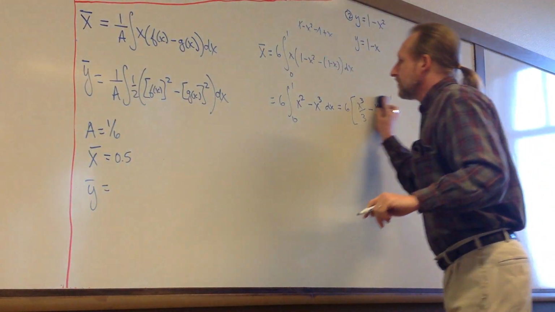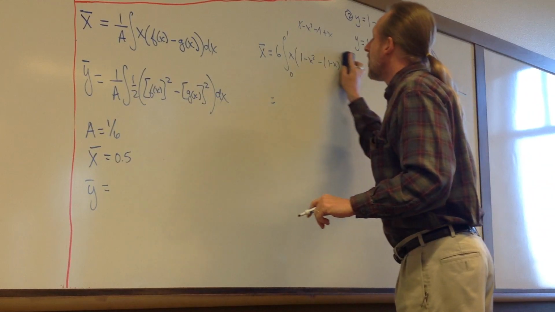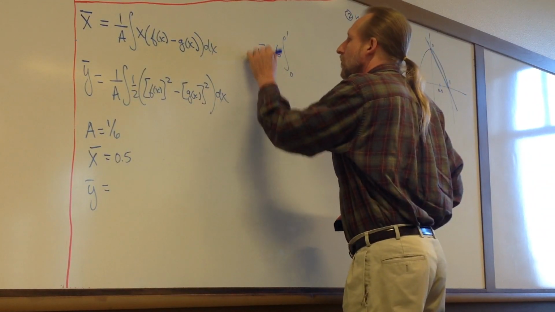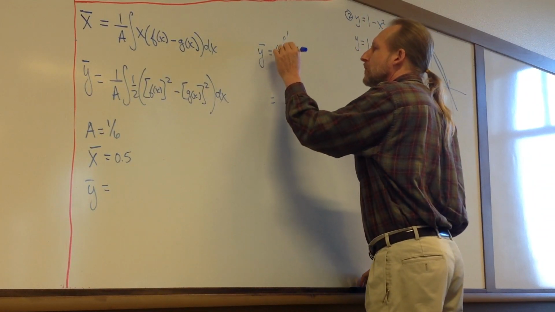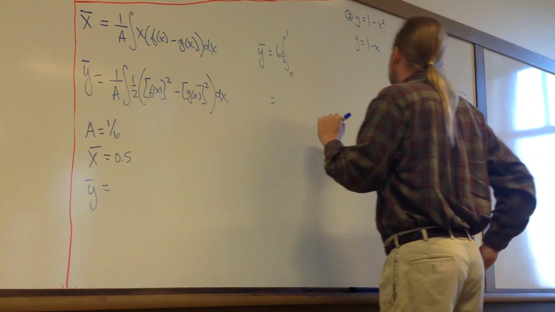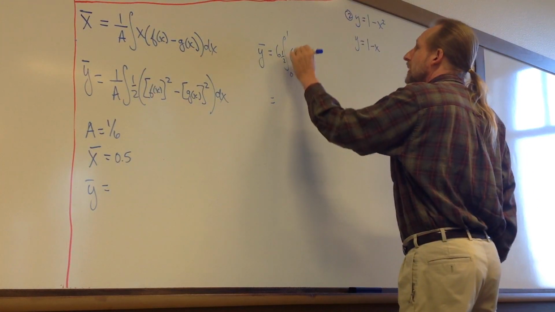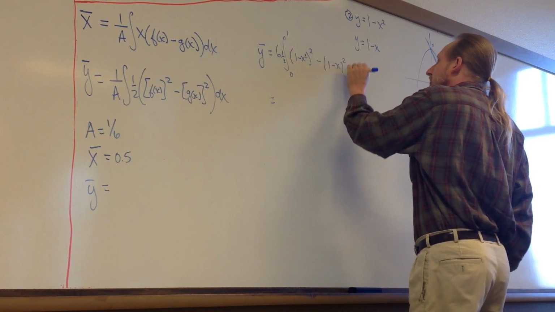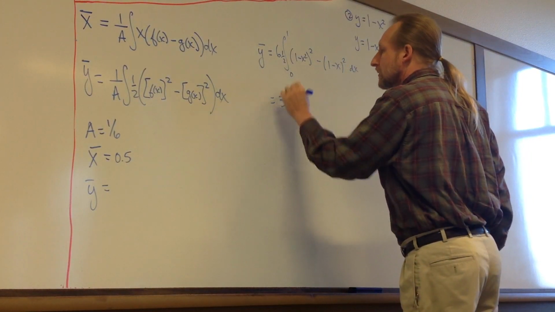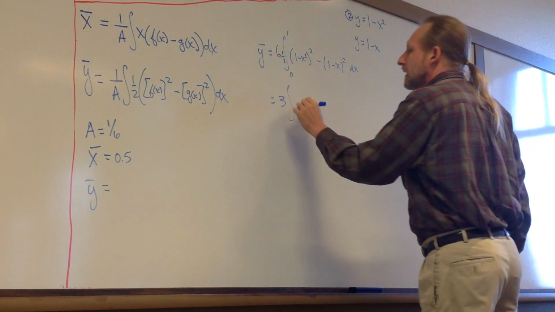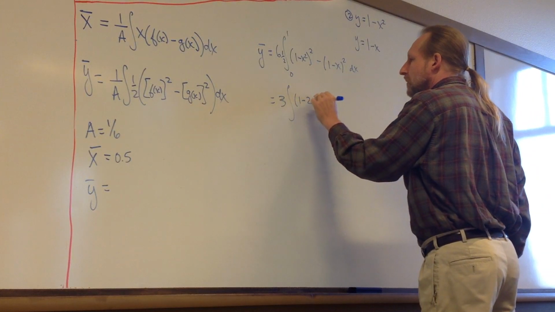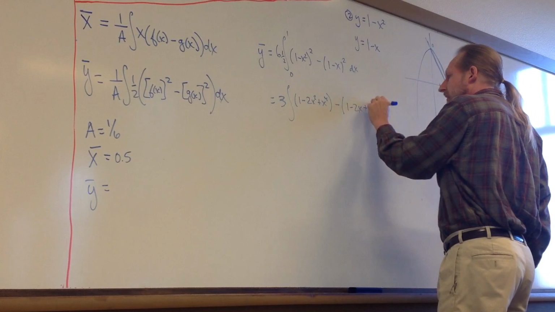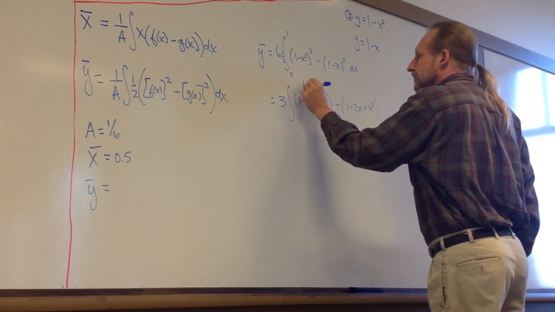Okay, let's go back and find y bar. So for y bar, we're going to have the half here, and then the f squared, 1 minus x squared all squared, minus 1 minus x all squared. Okay, so now this is 1 minus 2x squared plus x to the 4th, and this is 1 minus 2x plus x squared.